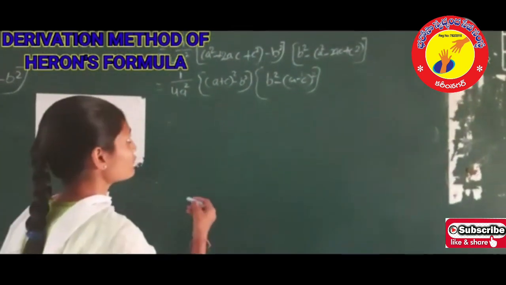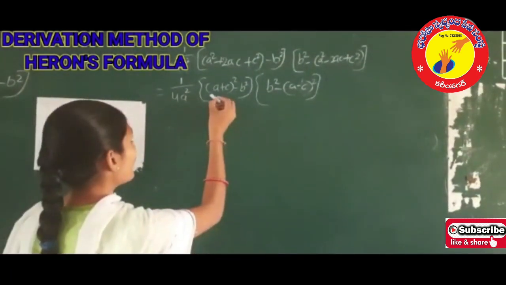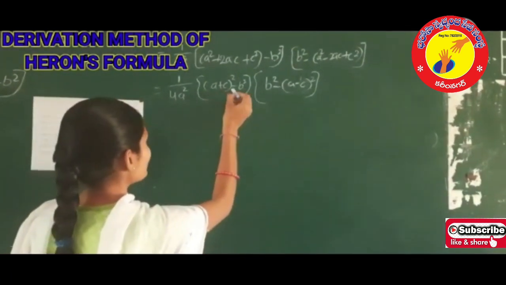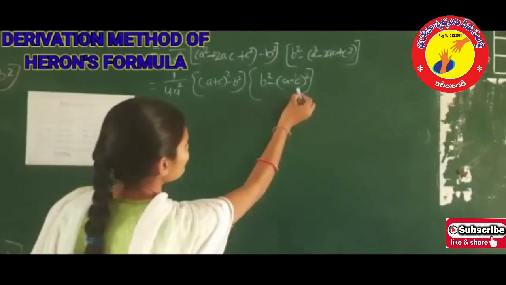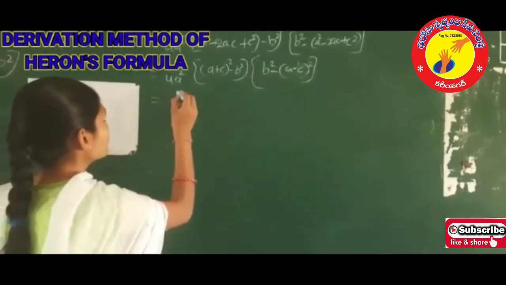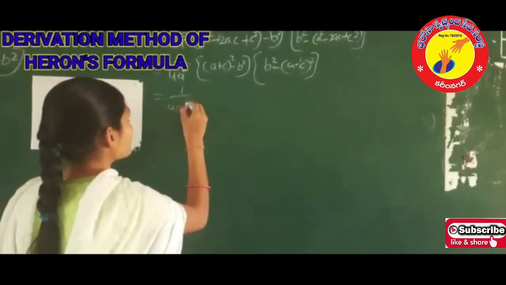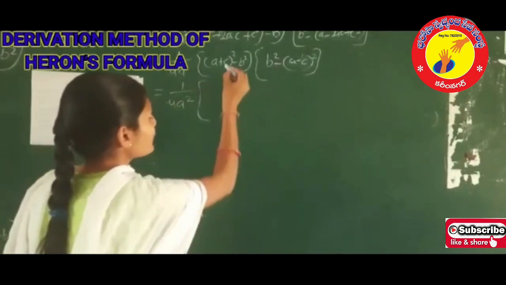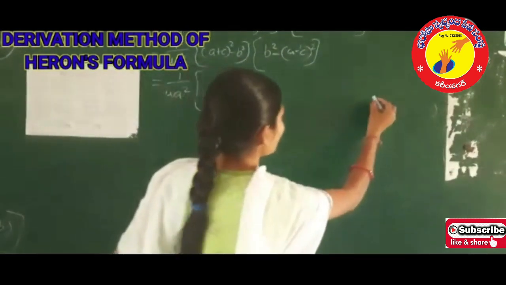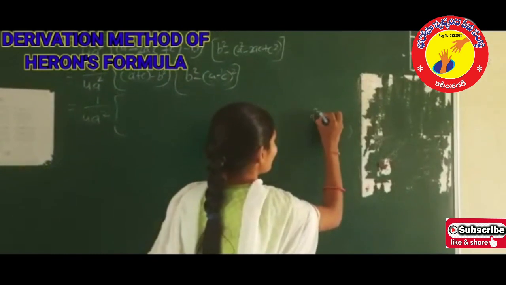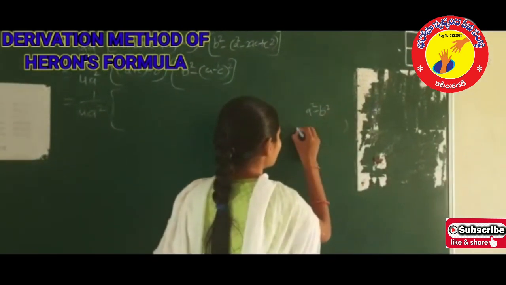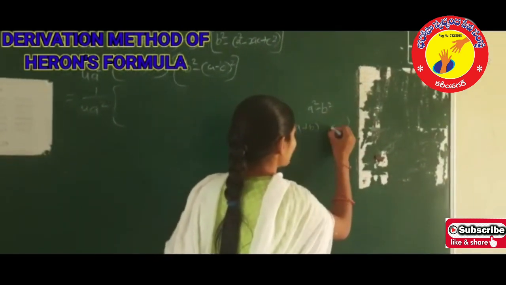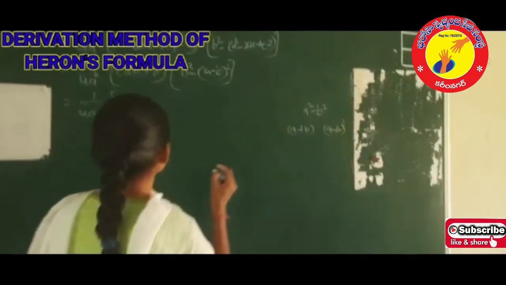It is clearly the form of (a plus b) whole square. We use that and here this gives (a plus c) whole square and here (a minus c) whole square. Now 1 by 4a square. Here it is clearly the form of a square minus b square, nothing but (a plus b) and (a minus b).